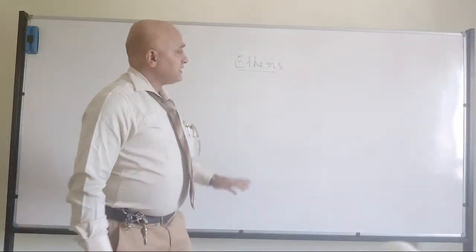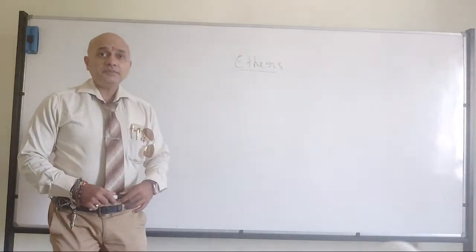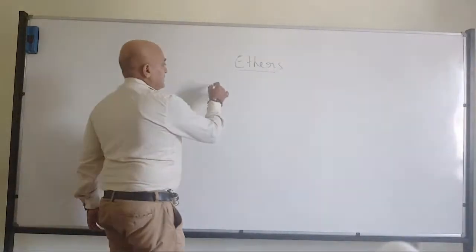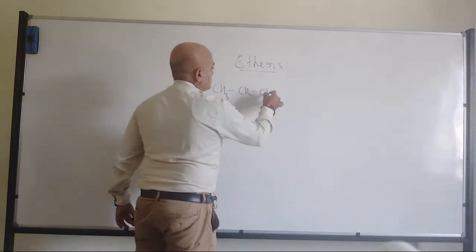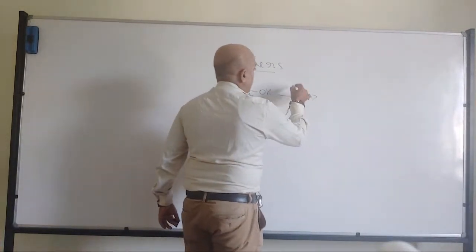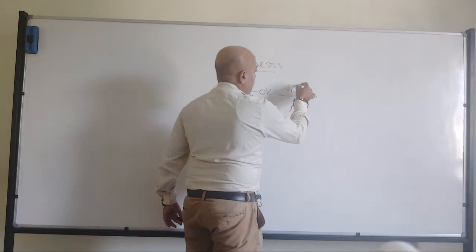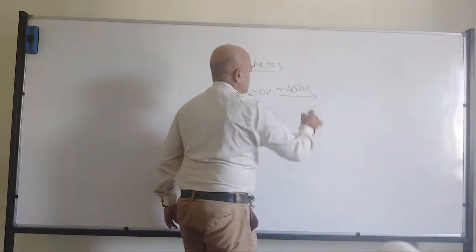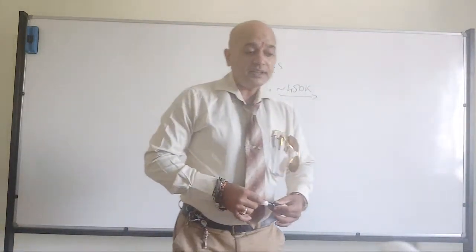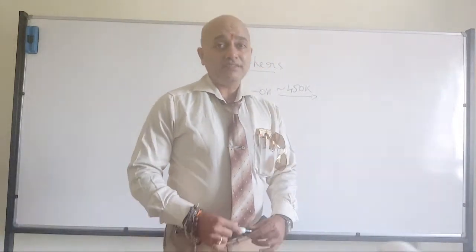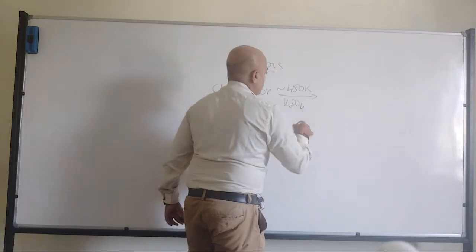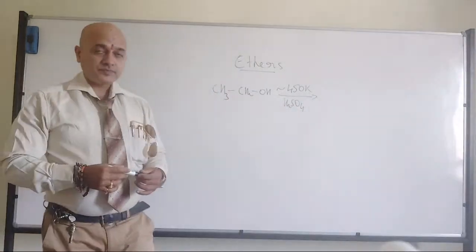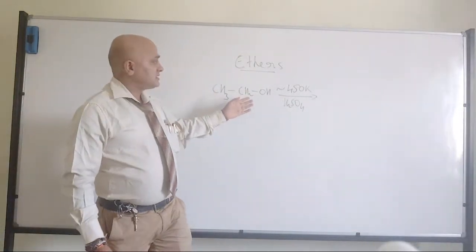Okay. So in that case, can you tell me what will happen if I take ethanol and heat it up to 450 Kelvin in the presence of sulfuric acid? What will happen? Already we have discussed this reaction.